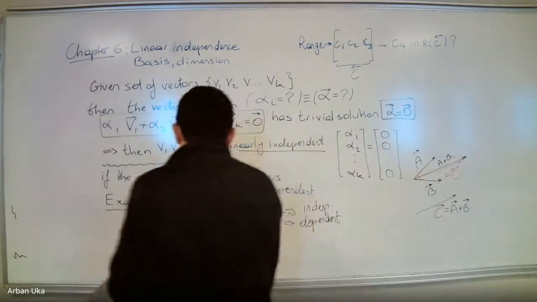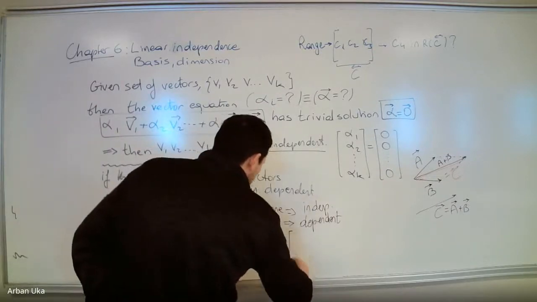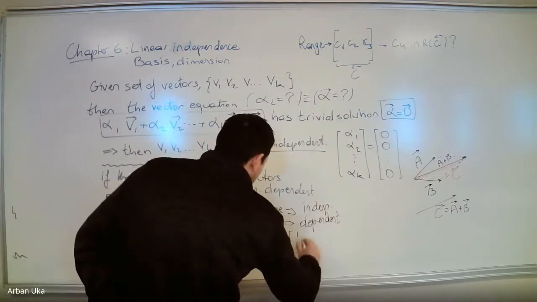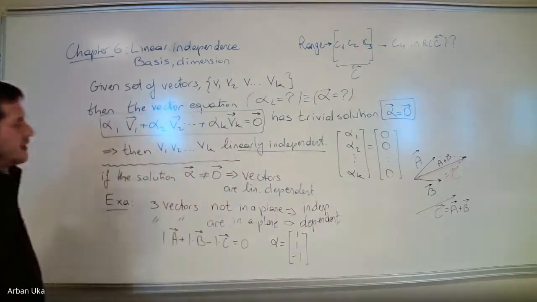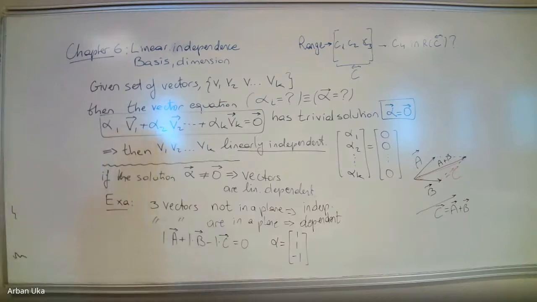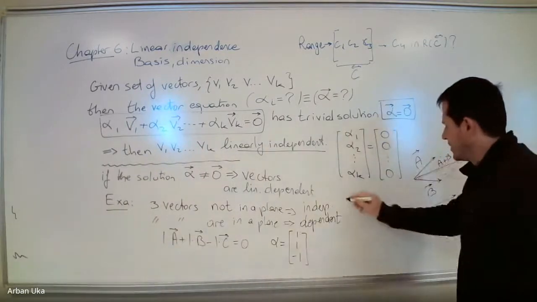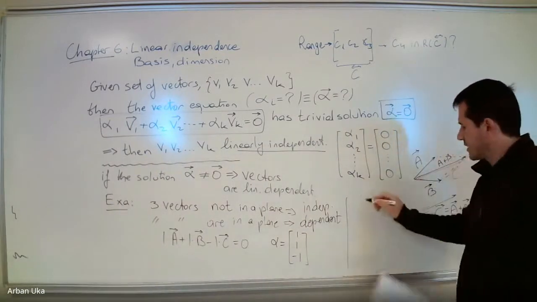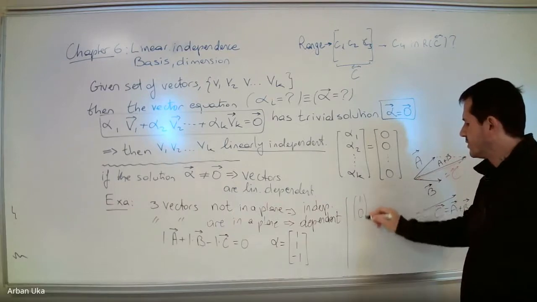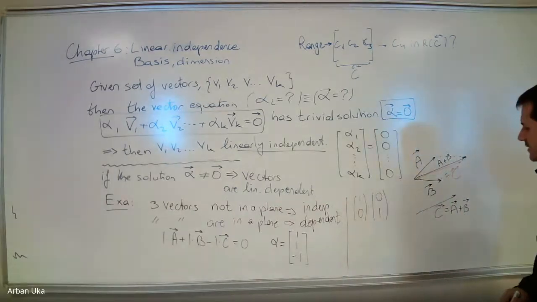So what was the solution vector here? Alpha, in this case, was equal to 1, 1, minus 1. So for this triplet combination of alphas, we get these three vectors that are linearly dependent. Now, let's ask, what about these pairs? If we have 1, 0 and 0, 1, are these linearly dependent or independent?